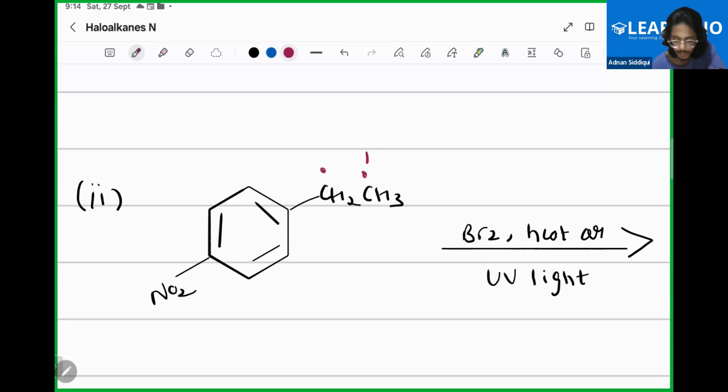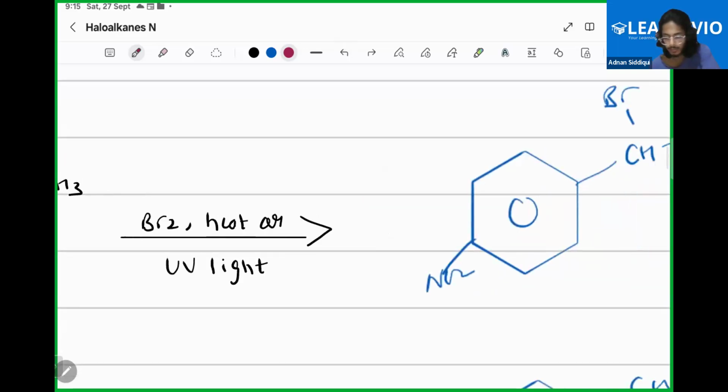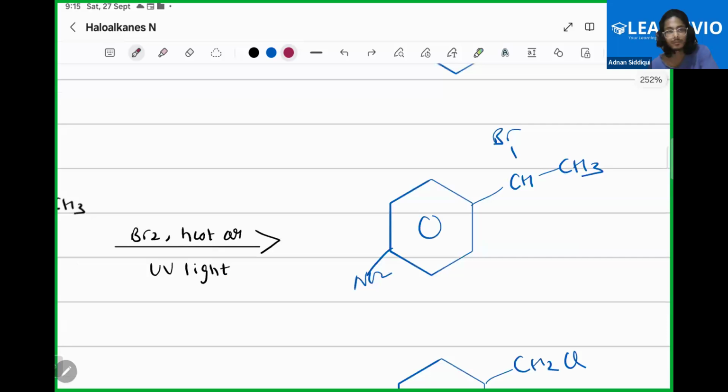I am giving you two options, A or B. B, right? Why? Because when I have Br2 and heat, I will prefer allylic position halogenation. This is my allylic position, right? And my product will form like this. I hope now the things are connecting.